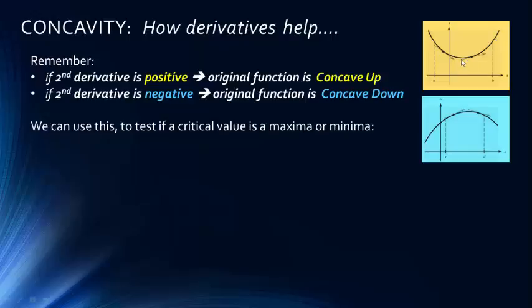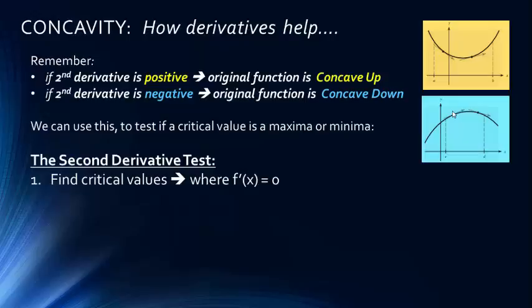All we have to do is do the second derivative and see if it's positive or negative. If the second derivative is positive, we have a local minimum. If the second derivative is negative, because we have concave down, then it is a maximum.